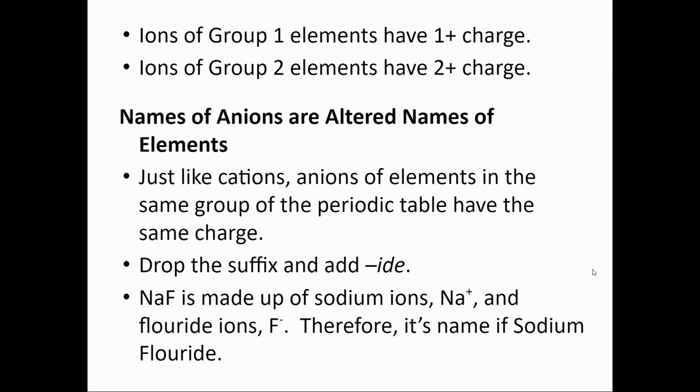NaF is made up of sodium ions, Na+, and fluoride ions, F-. Therefore, the name is sodium fluoride. So fluorine on the periodic table is going to accept electrons and become an anion. We drop the INE and add IDE: fluoride, sodium fluoride.